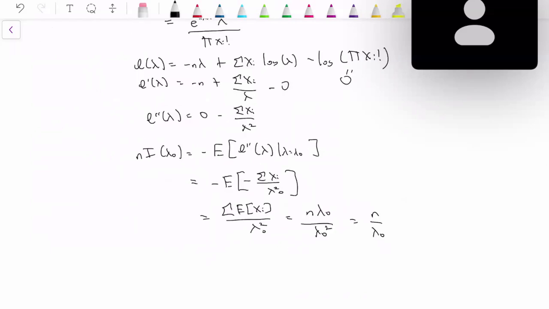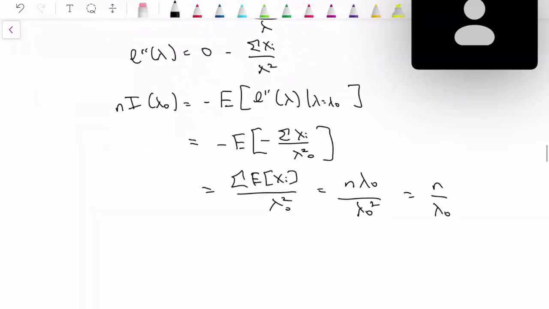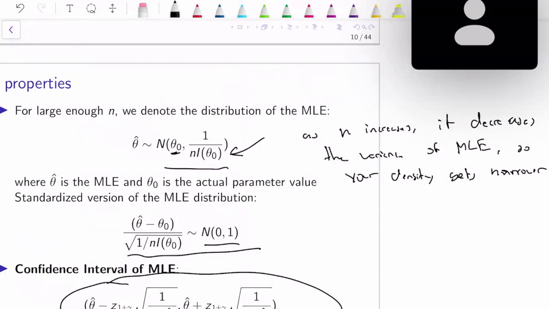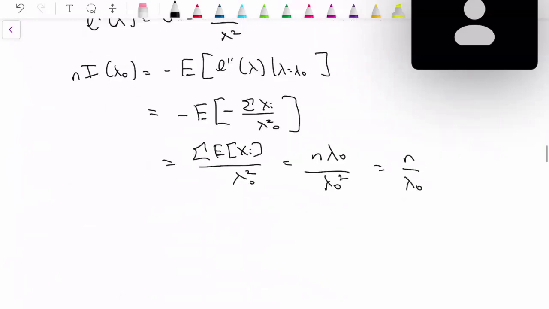So remember that the MLE will follow a normal distribution. I'll just write it out here, that way it's easier to see. Theta hat will go to a normal with mean theta naught and variance 1 over I_n(theta naught).